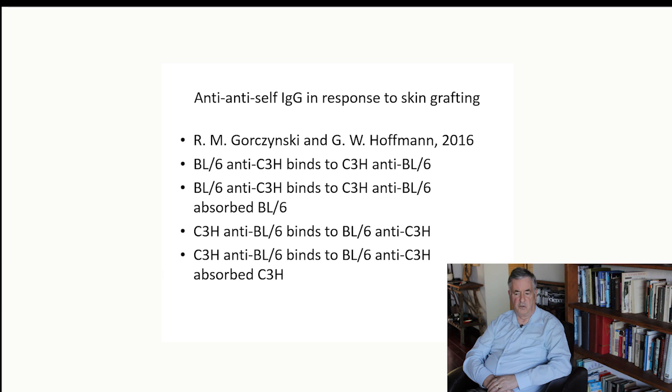So you would think that, according to a non-network paradigm, the absorbed serum shouldn't contain anything that's specific. However, it does, and we see exactly the result that shows that the response includes an anti-anti-self response.